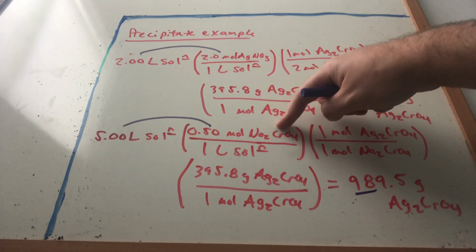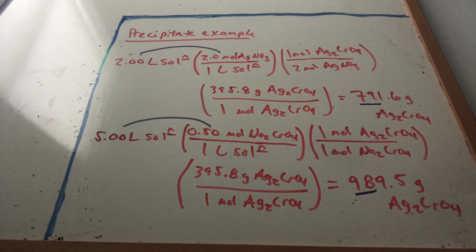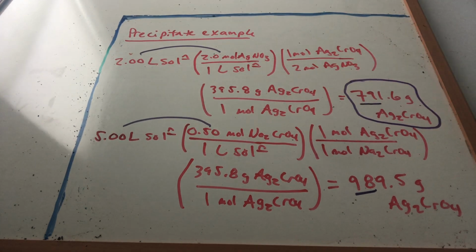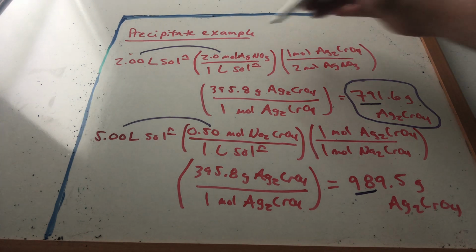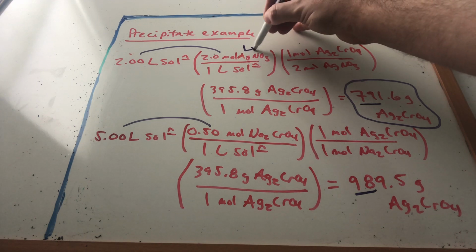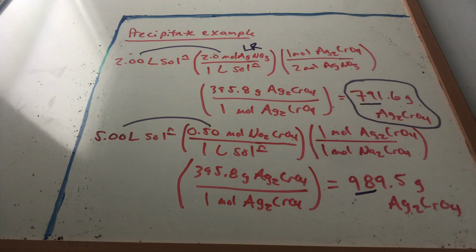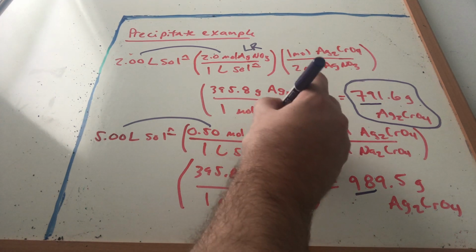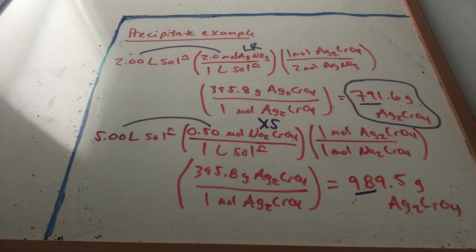And the maximum amount that this species could make is this. So what species runs out? How much precipitate actually is formed? The smaller amount. That tells me that AgNO3 is the limiting reactant, and that tells me that Na2CrO4 is the reactant in excess.